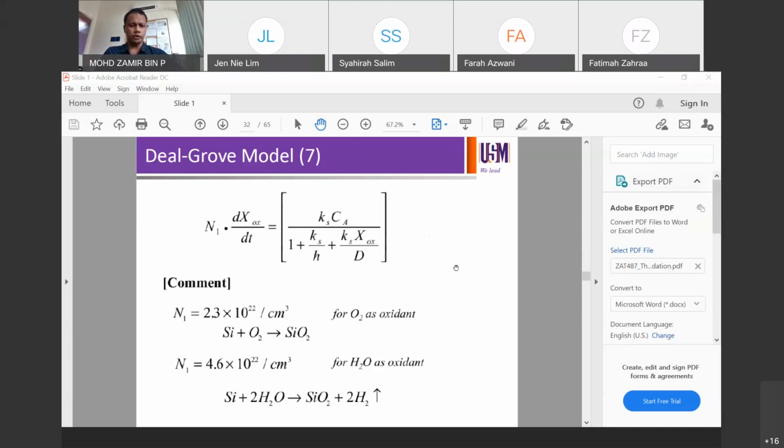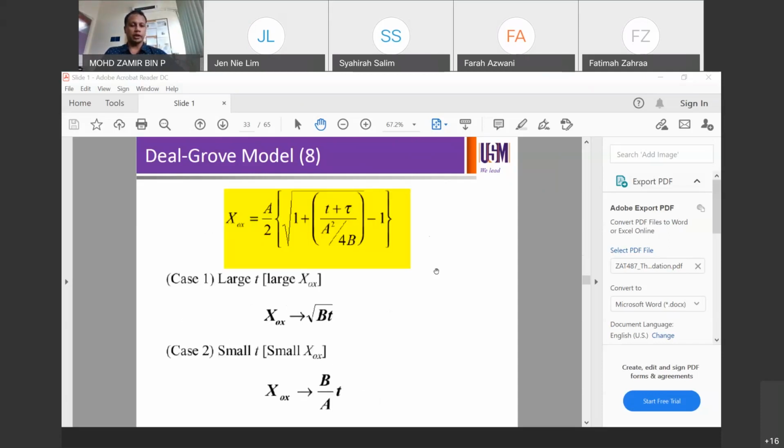If you use dry oxidation, where gas is the precursor material, your N1 in the equation will be 2.3 times 10 to the 22 per cm cubed. Whereas if you use water vapor, your N1 will be double, 4.6 times 10 to the 22. Okay. Nanti kita akan tengok if you encounter any calculations for thermal oxidation involving Deal-Grove growth.